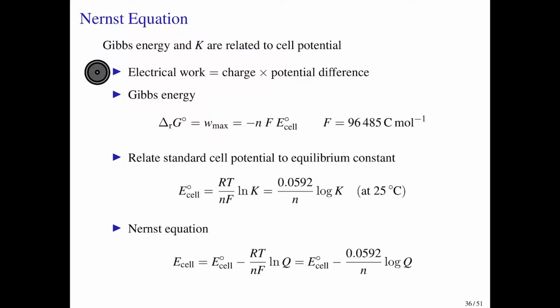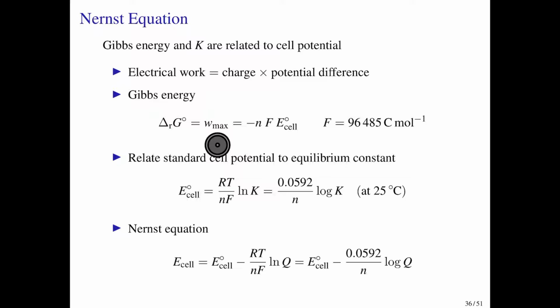In physics, when you do electrical work, you can calculate the amount of work done by taking the charge and multiplying by the potential difference through which that charge moves. Okay? So electrical work can be related to a potential difference. Now, in the last chapter on thermodynamics, we learned that one interpretation of the Gibbs free energy is that it represents the maximum work done by a chemical reaction.